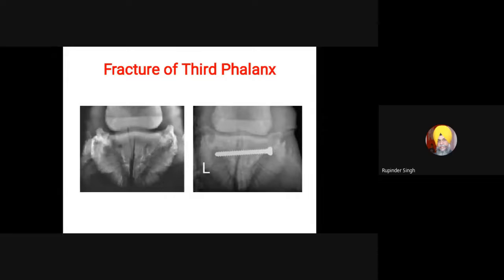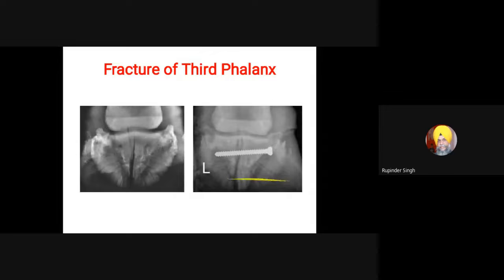So you have to cut from a specific area, from the specific side from where you want to insert the screw. These surgeries can be planned more precisely and accurately if we use a 3D printed model, and we can practice on those models, and then decide from where to insert the screw.